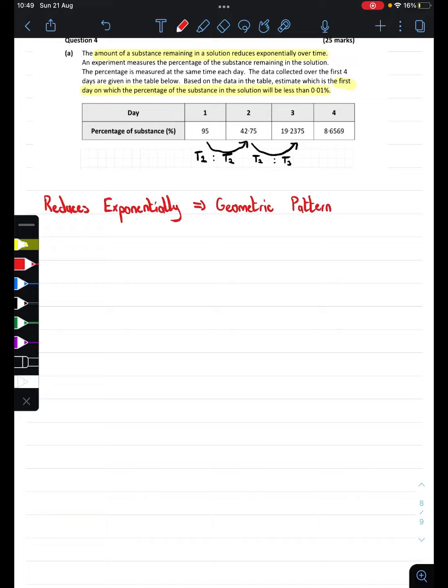And we know that a geometric pattern is of the form Tn, the nth term, is a times r to the n minus 1, where a is the starting term, or term 1, and r is the common ratio.